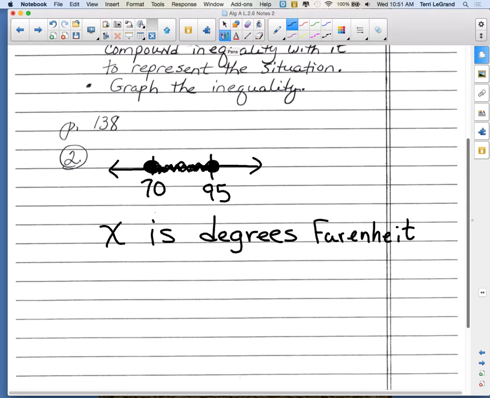Let's give it a little bit more explanation. Degrees Fahrenheit where? In the iguana's cage.